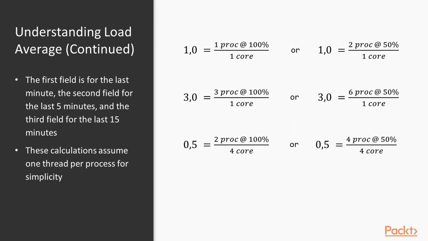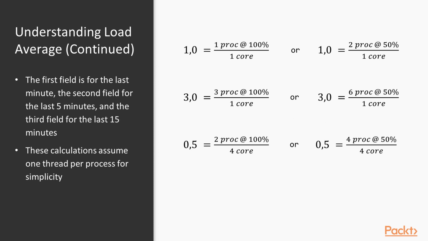Likewise, a load average of 0.5 means that, for example, there are 2 processes, each running at 100% on a 4-core system. In other words, the system is only utilized at half of its potential. And once again, another example would be 4 processes working at around 50% each on a 4-core system.